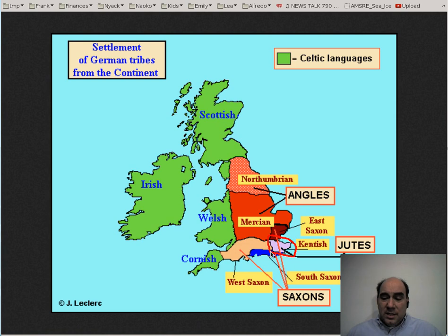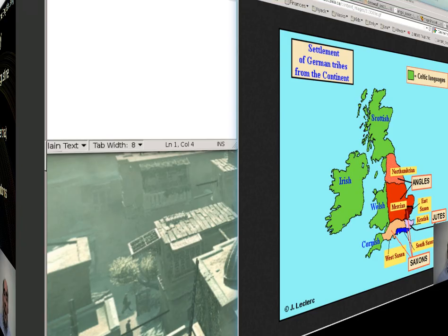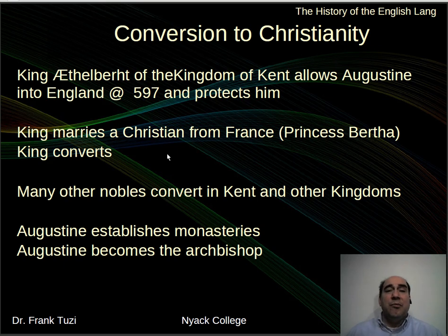One of the reasons is that King Ethelbert marries a Christian woman from France, Princess Bertha, and the king eventually converts. So it's through the king that this entrance into the island begins, and then Augustine begins setting up monasteries.